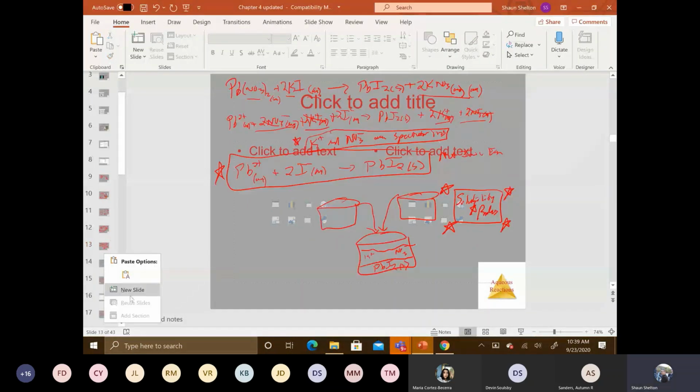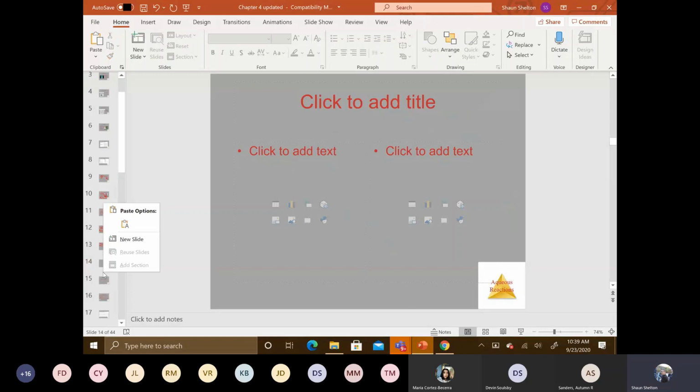The next thing we're going to look at is your neutralization reaction, which is a whole lot easier, okay? So number 2 is neutralization. Now neutralization is where you take an acid, react it with a base to form water plus a salt.